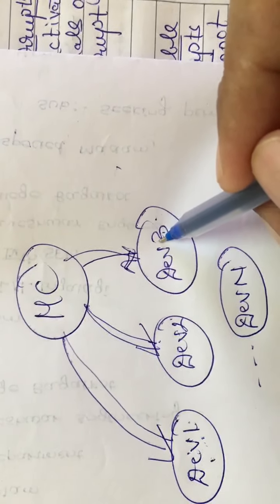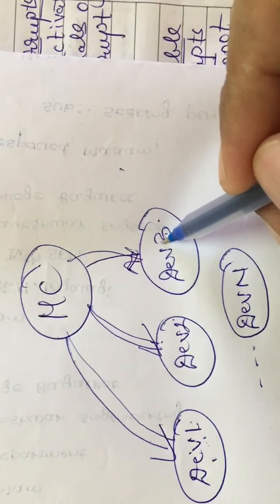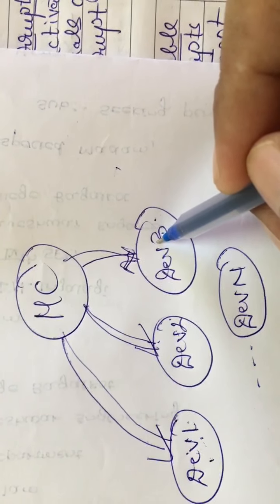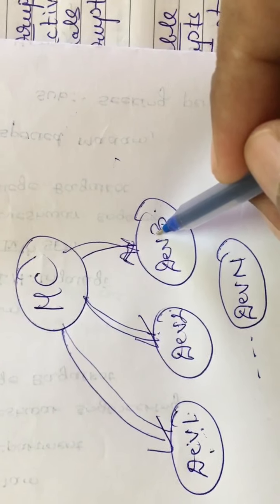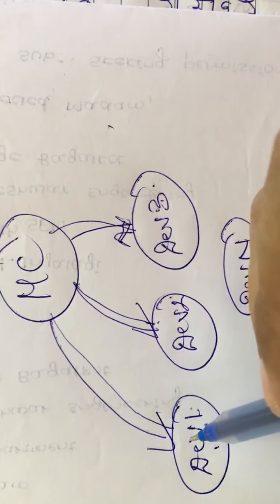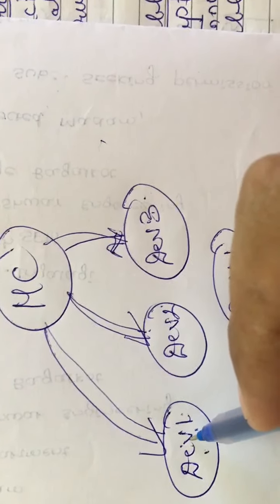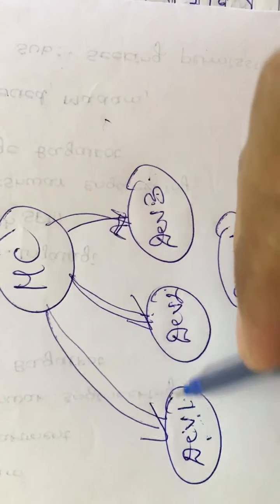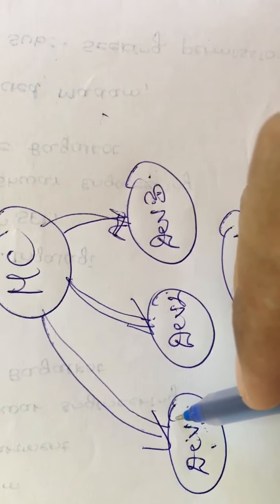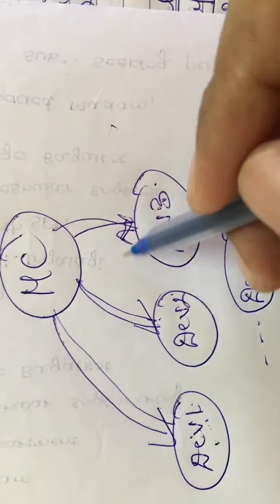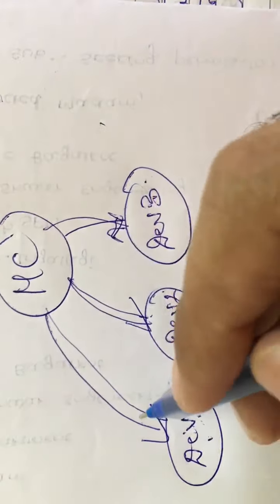It will check device 3, there is a request, but that will not be executed. Why? Because the highest priority is given to device 1 here, and the lowest priority is given to device 3. So it works in a round robin fashion, and this fashion is called round robin.